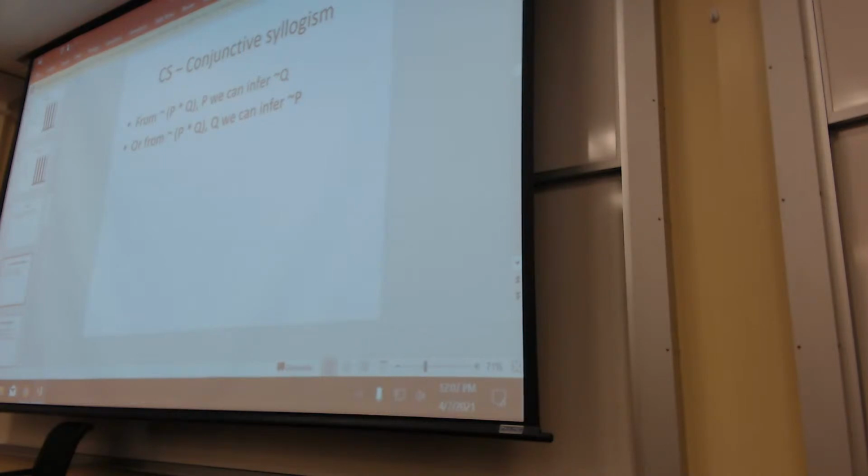The rule is match one of the two sides. And it has to match both the letter and the negation or lack of negation. So from, it is not the case of not A and not B, if you can match one of the halves, if we add a not A, we can then get the opposite of the remaining side. So the remaining side here is not B. The opposite of not B is B.